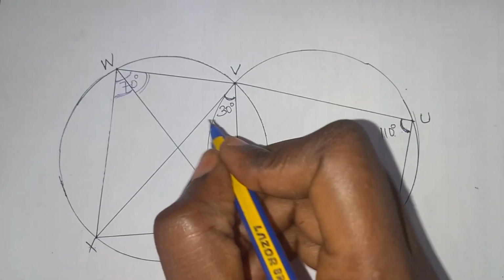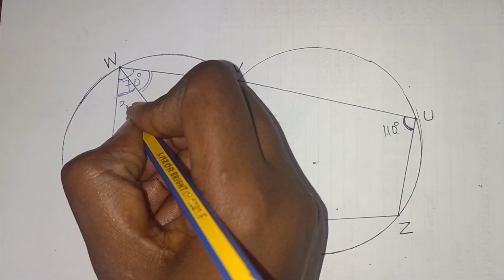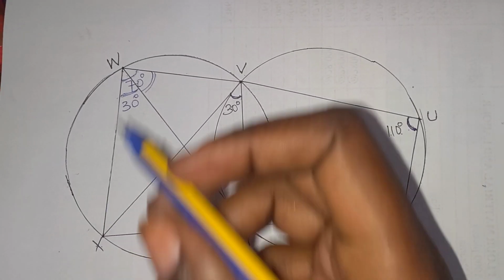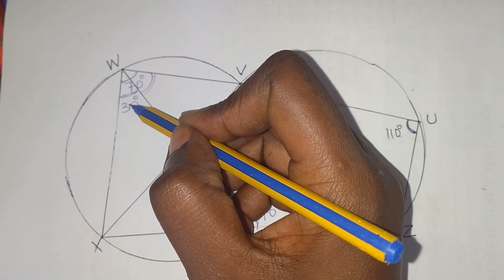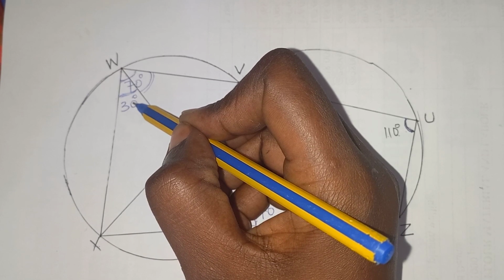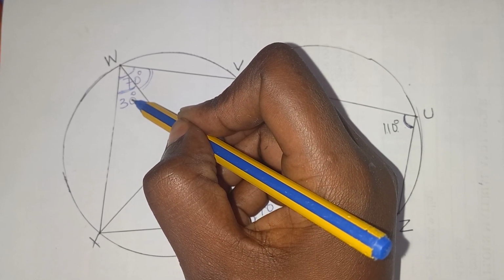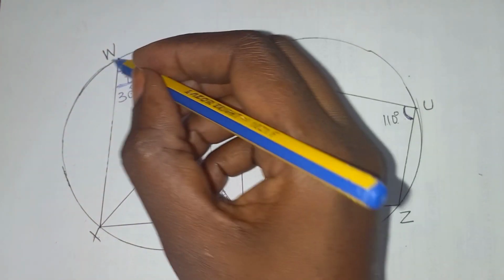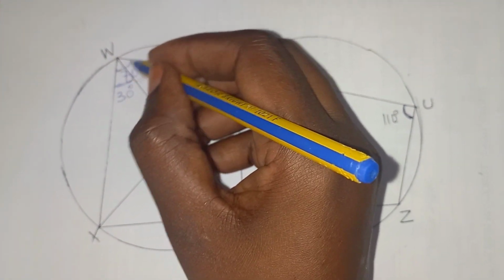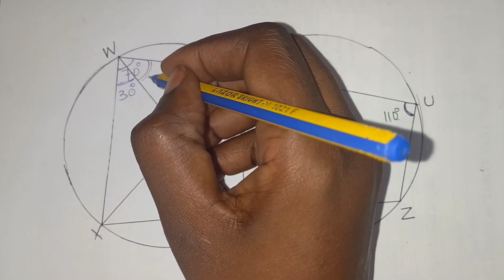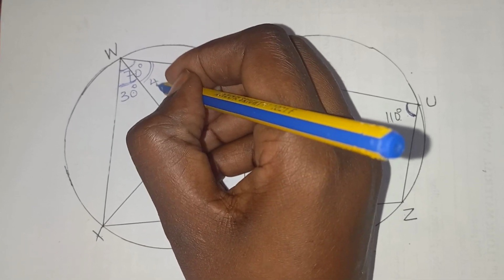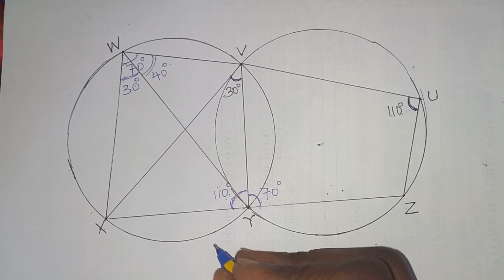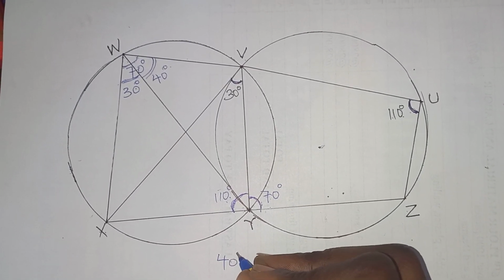So that one will make this angle also 30 degrees. Once this angle is 30 degrees, and the whole of this angle here is 70 degrees, then this other angle here will be 40 degrees, and that one will make our answer there 40 degrees.